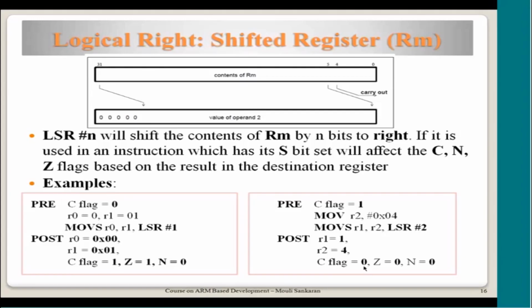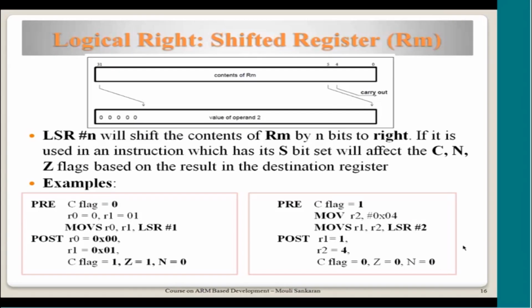The carry flag is becoming a 0 because what was shifted out last was a 0. It was 1 0 0, so 2 zeros went out. So that 0 coming out of the shifting is sitting in the carry flag because S is set. And the zero flag is 0 because the result is not a 0 value, and N is 0. That's it.